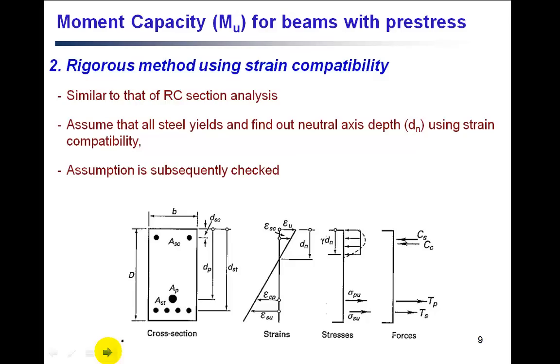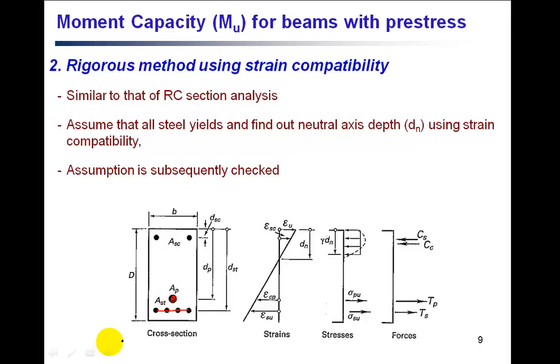Now, the second method is the more rigorous method, where we have to actually find the strain in the prestressing wire and use that strain to compute the total moment capacity. In this method, as we did in reinforced concrete beams, we first start with an assumption that both of the steels are yielding. That means the tensile reinforcement is yielding, and the prestressing wire is also yielding.